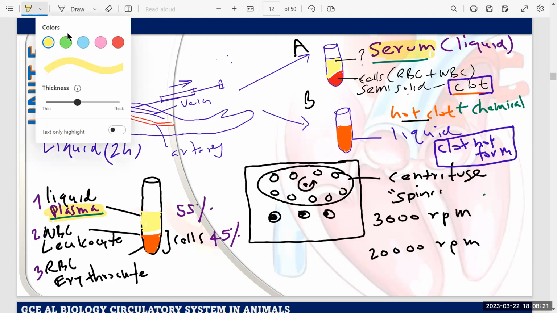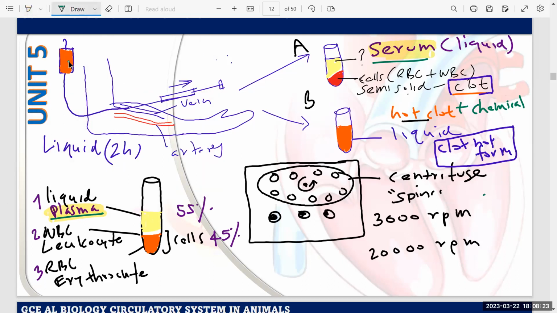And in the case of blood transfusion, they also add chemicals which prevent clotting.